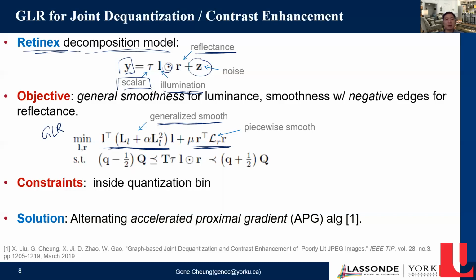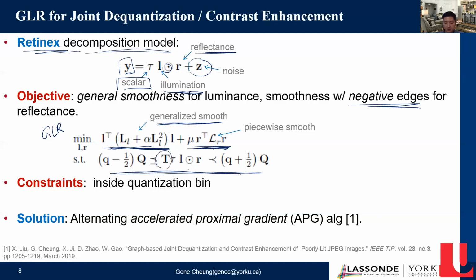It's a graph version of that, which will promote generalized smoothness instead of just regular smoothness. And for reflectance, we have L, but in this particular case we actually use negative edge weights as well, which will more strongly promote contrast or piecewise smoothness. Otherwise, it's essentially a GLR, subject to a quantization bin constraint.